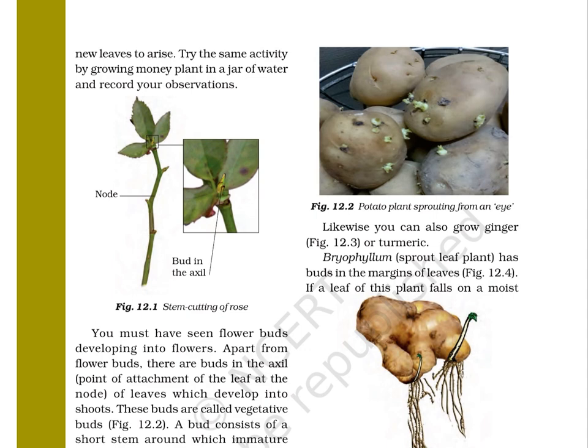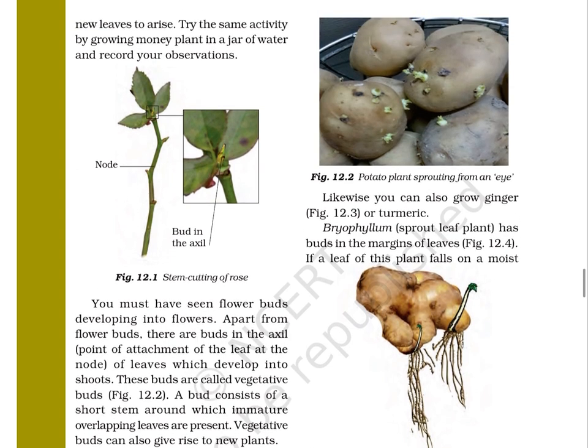Here we can observe multiple potatoes. Potato plant sprouting from eye can also be observed. Likewise, you can also grow ginger or turmeric. You can observe this in figure 12.3.